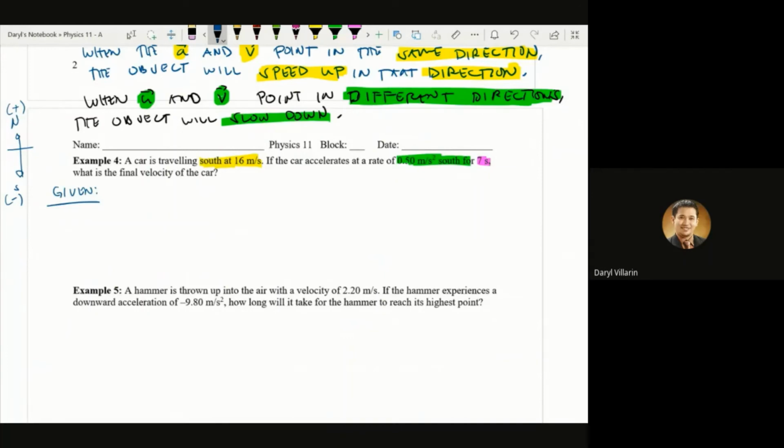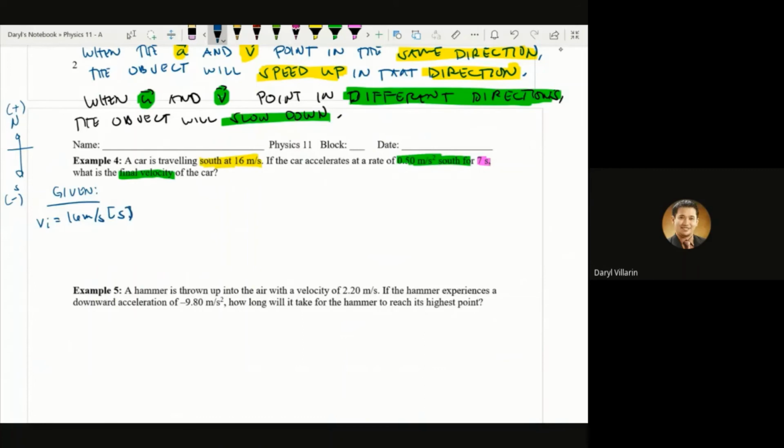So a car is traveling south. What do you think would be this velocity? Well, it's asked for the final velocity, so we can think of that one as the initial velocity, 16 meters per second south.